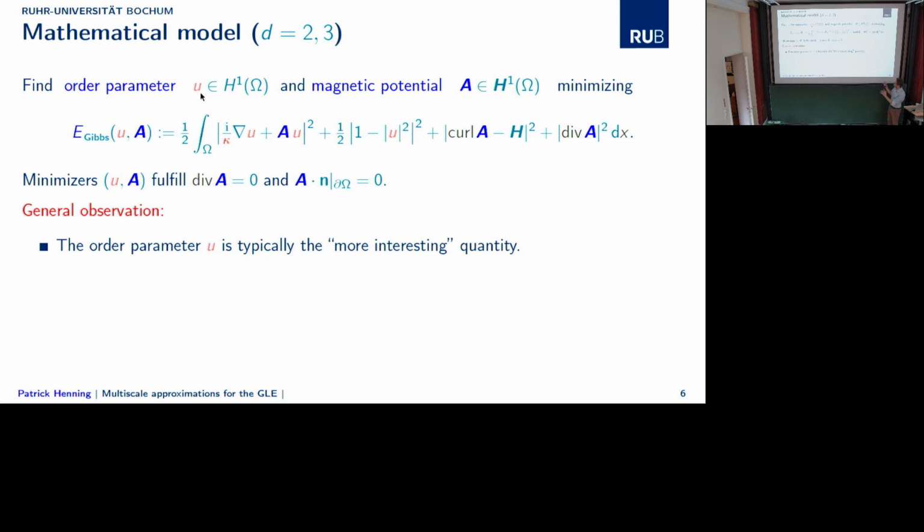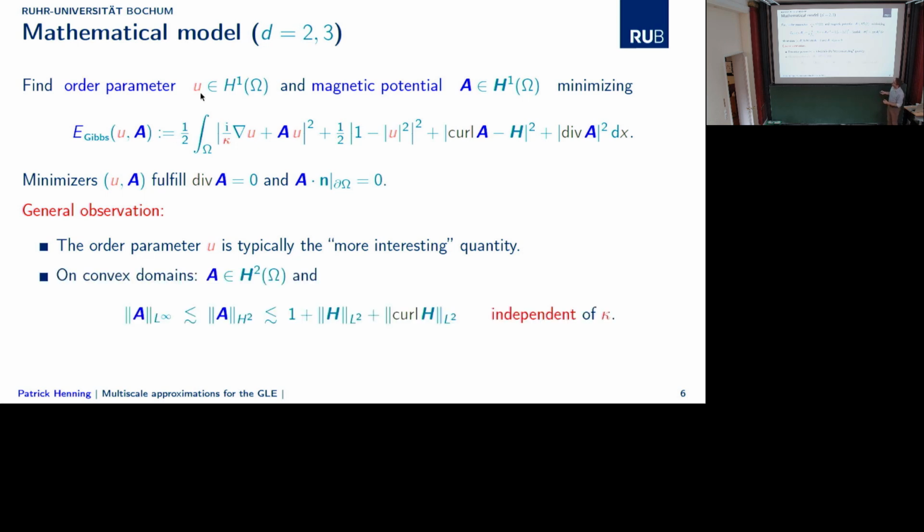Whereas this magnetic potential is quite boring. It's typically some smooth macroscopic function on a convex domain. You can prove this is in H2, and you can bound this just depending on the strength of your external magnetic field, which is typically not so strong, independent of the material parameter.